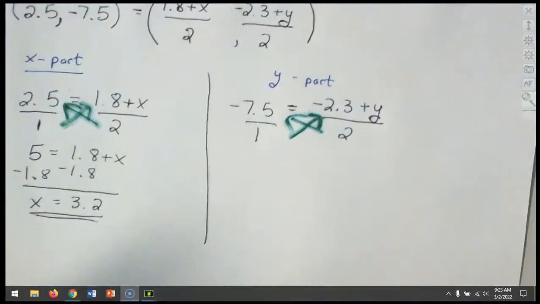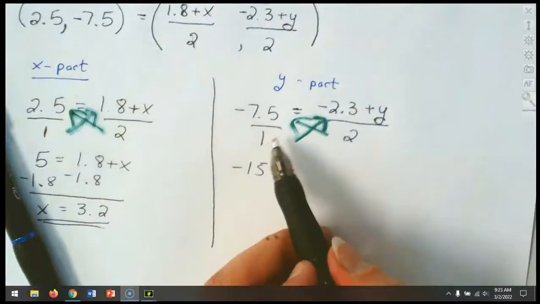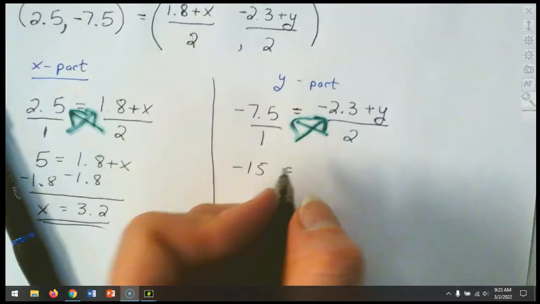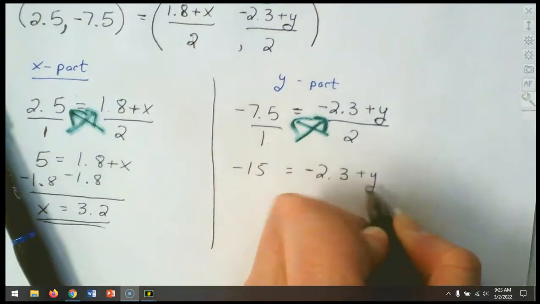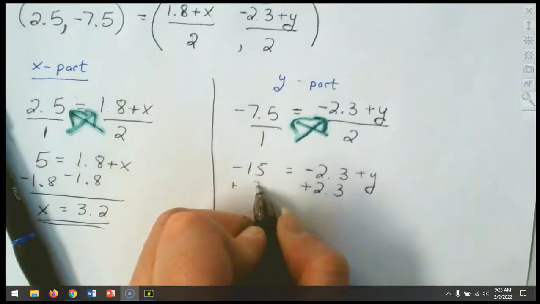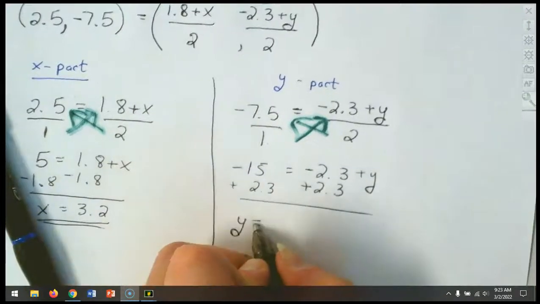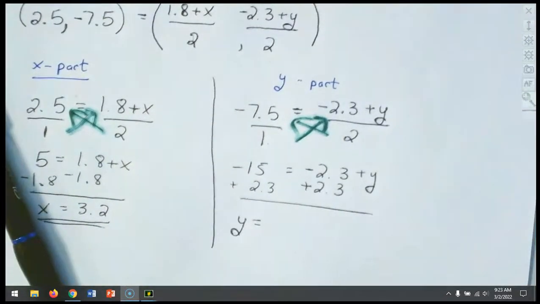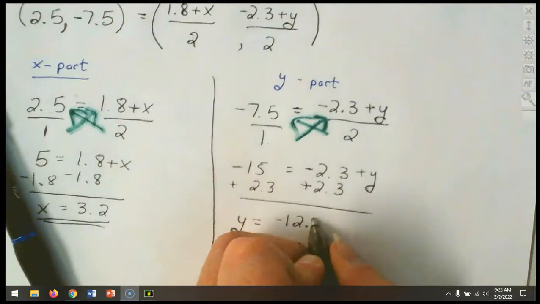So it's going to stay negative, and that's going to come out to be a negative 15 on the left. And 1 times anything stays the same. So that's still a minus 2.3 plus y. We'll add our 2.3 to each side. And now we've got our y component, which is now going to be a negative 12.7.